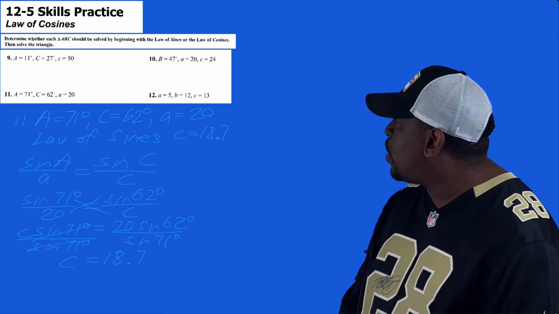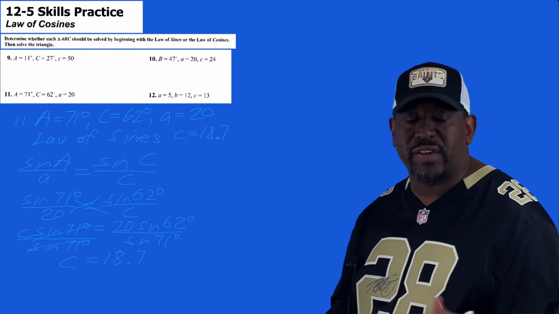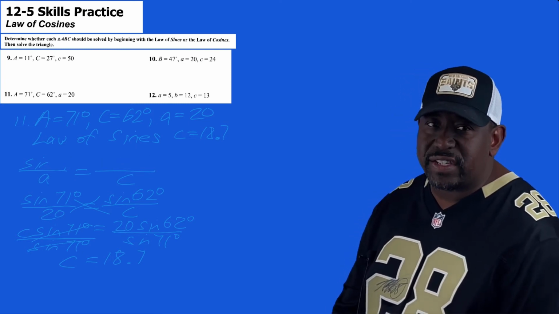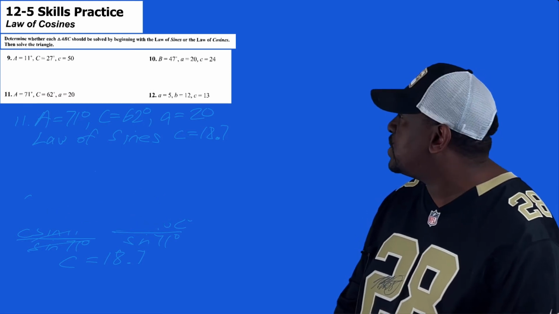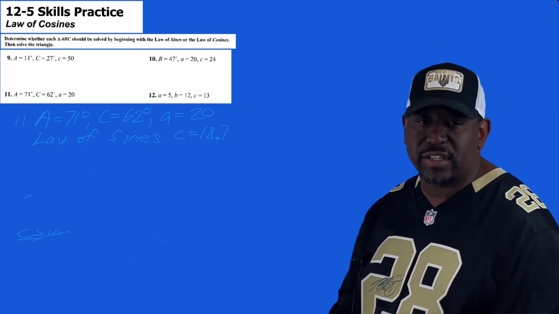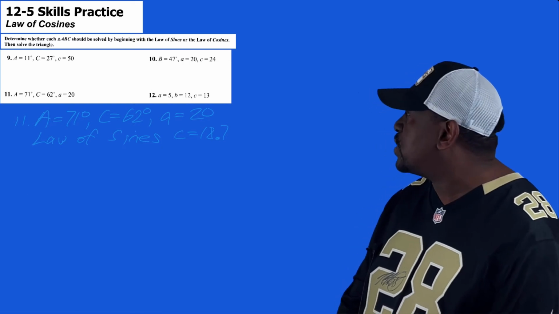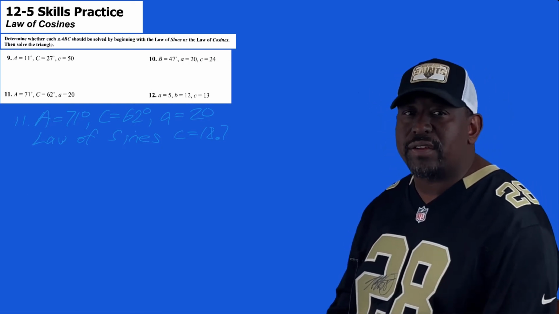Now we can solve for angle B because we're given angles A and C, so we can solve for B by subtracting the sum of A and C from 180 degrees, and that will give us angle B, like we've been doing throughout this section.